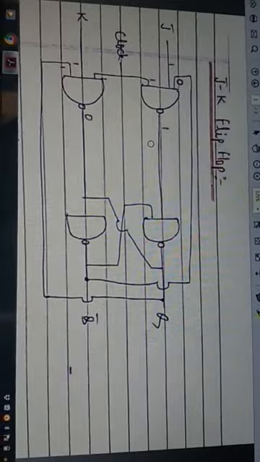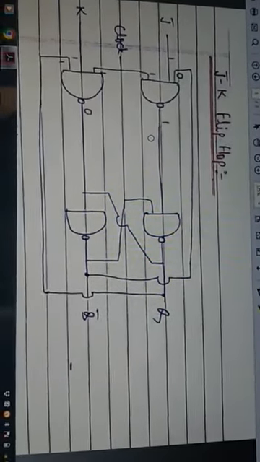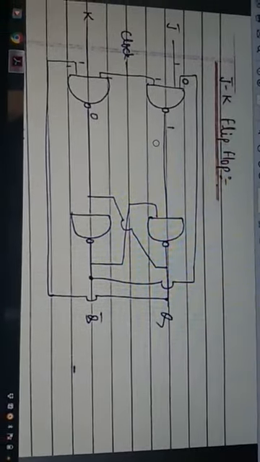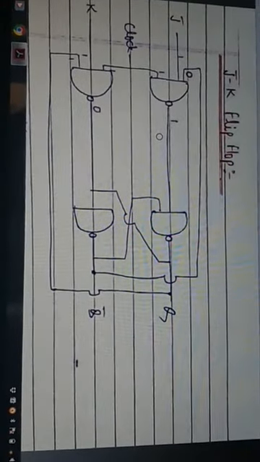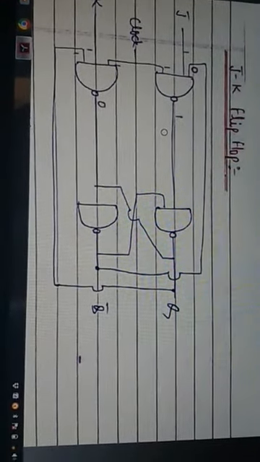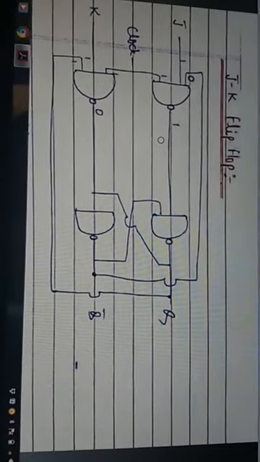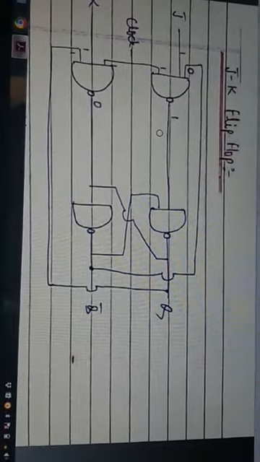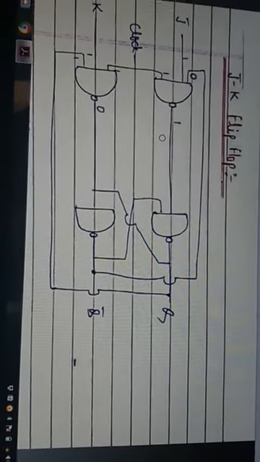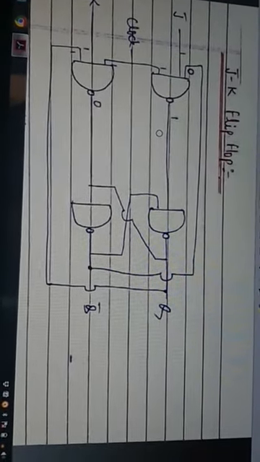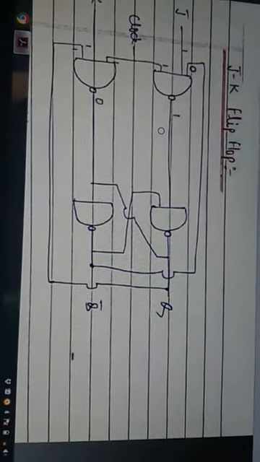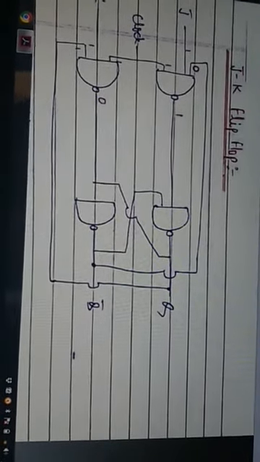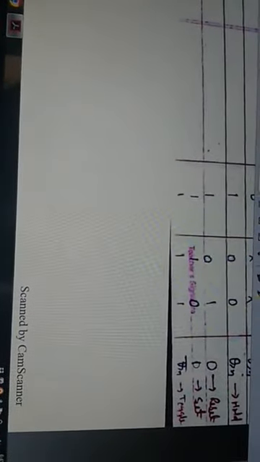Suppose Q bar is 0; then S is 0 and R is 0, so no change, same as the last two cases. But if Q bar is 1, then S 1 and R 0, so the output is set and given as 1.